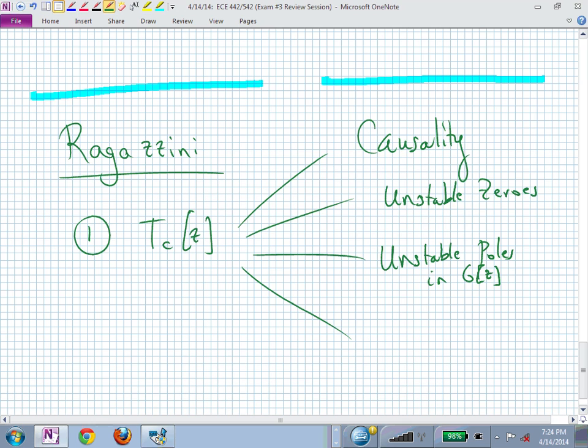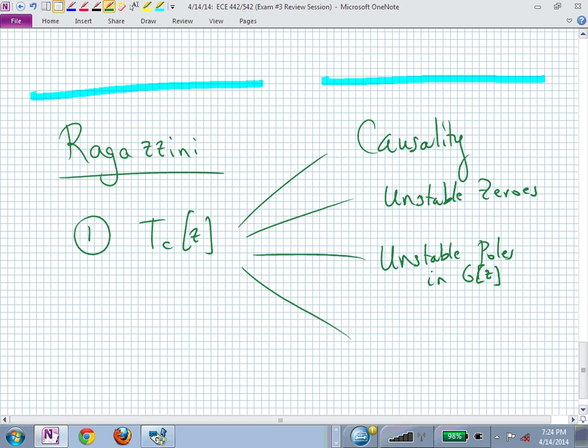Indirectly, you're looking at 1 minus T sub C of Z needs to evaluate to 0 at those unstable poles. That's restriction 3.